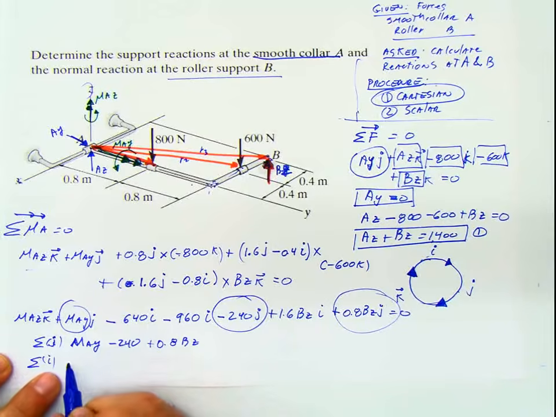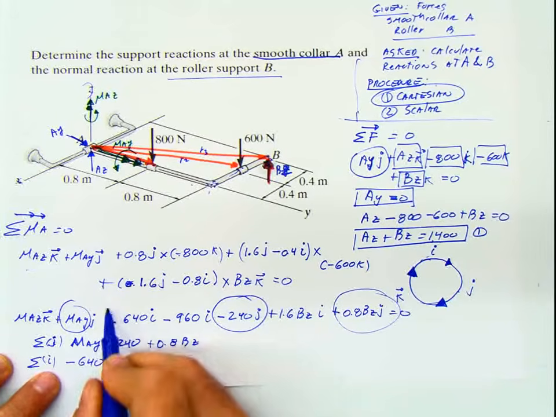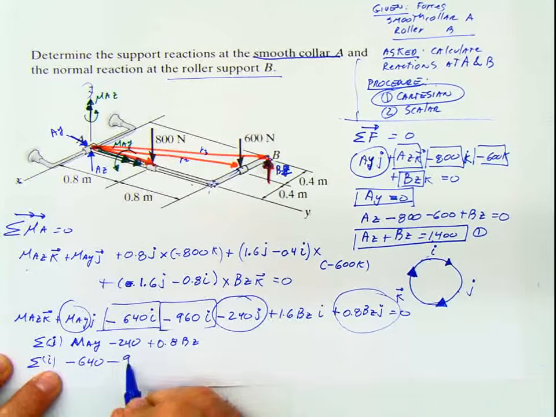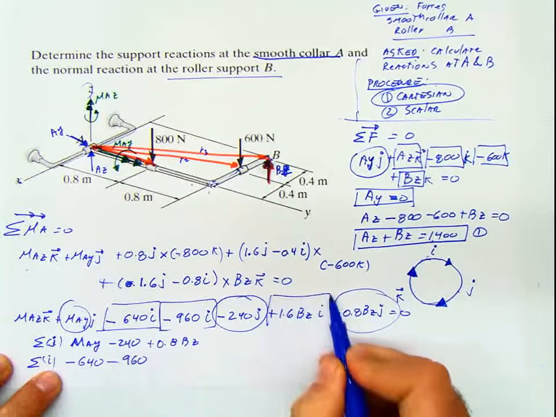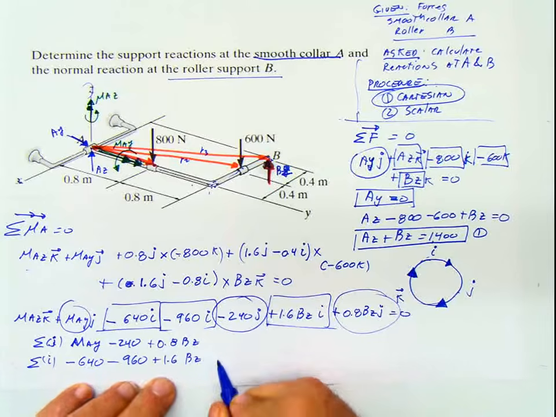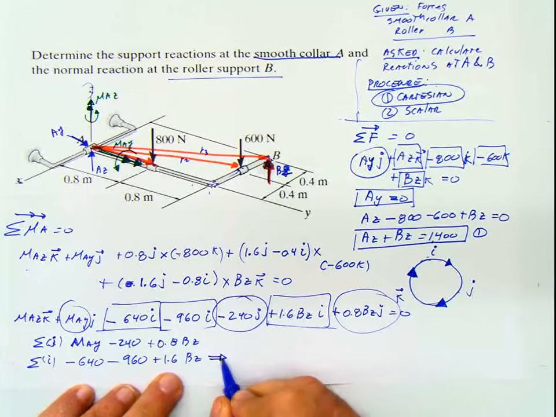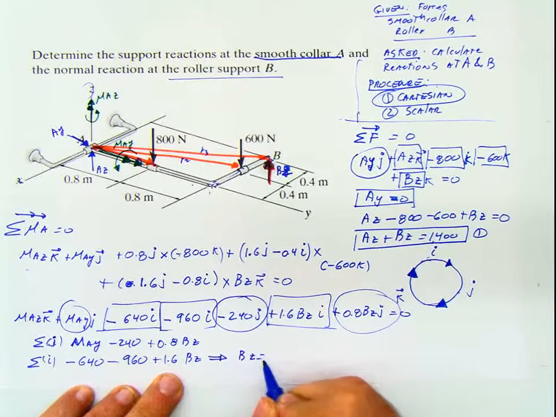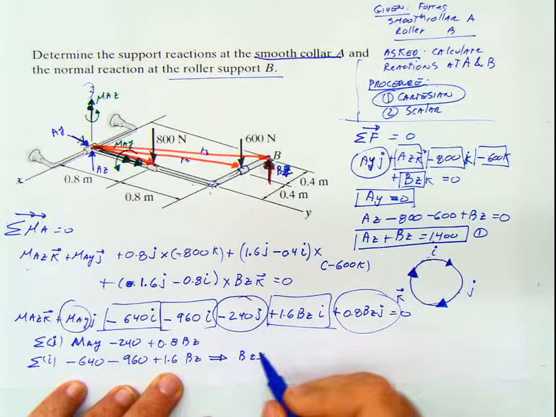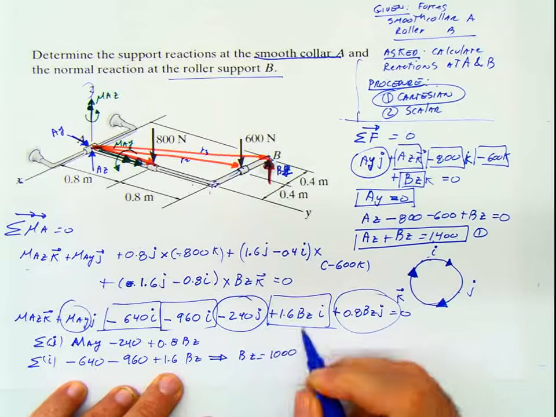There's the summation of everything that goes in I now. I have negative 640, negative 960, plus 1.6 BZ, which basically tells me directly that BZ is equal to 1600 divided by 1.6, is 1000 Newton.